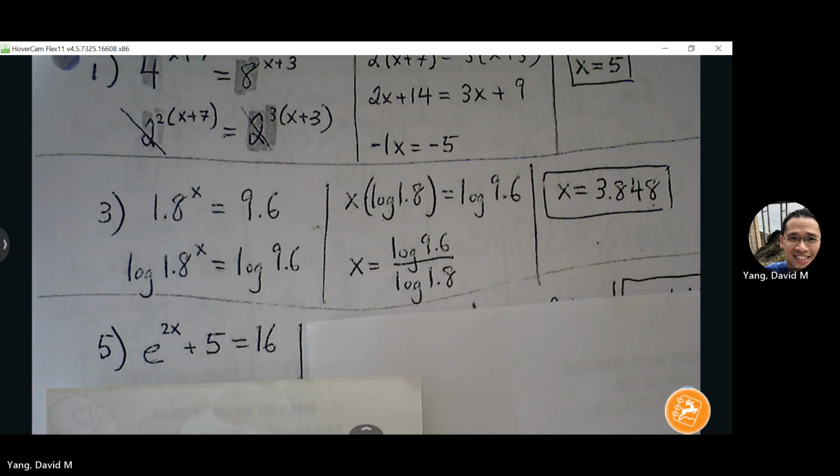Number 5, before you think about logs, see if you can clean things up. Right now there's pieces that we can take care of before we want to involve logs. We want to involve logs when our next step is trying to get that exponent down.